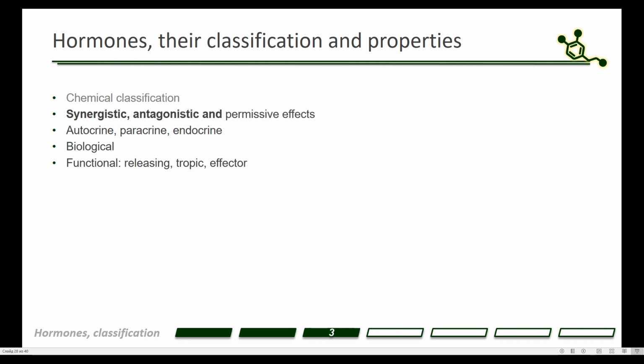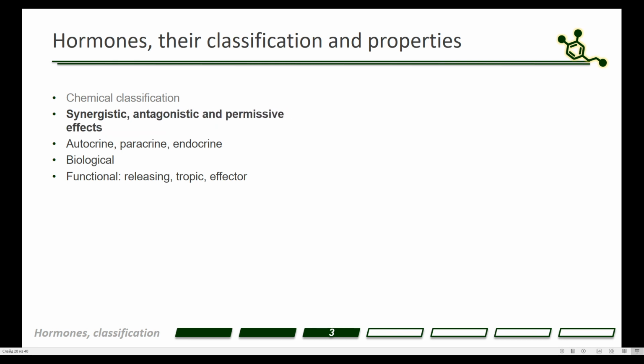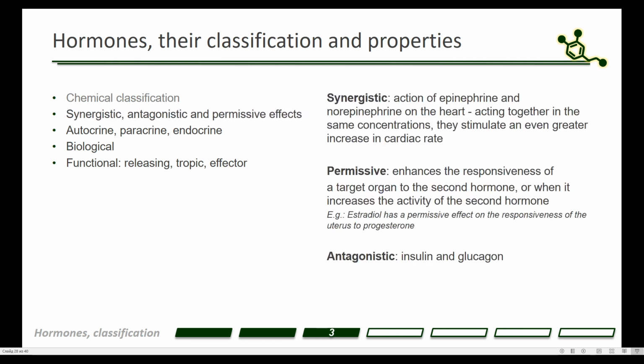The next one is about synergists, antagonists, and those hormones which have permissive effects. For antagonism, it's easy: those hormones which have opposite effects like insulin and glucagon. A hormone with permissive effect enhances the responsiveness of a target organ to a second hormone or increases its activity.